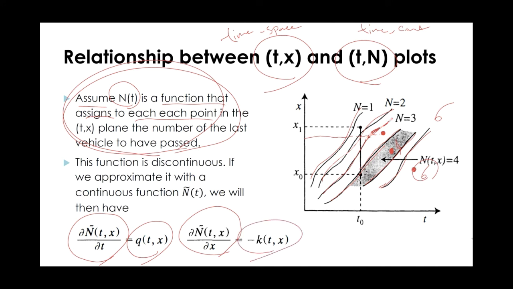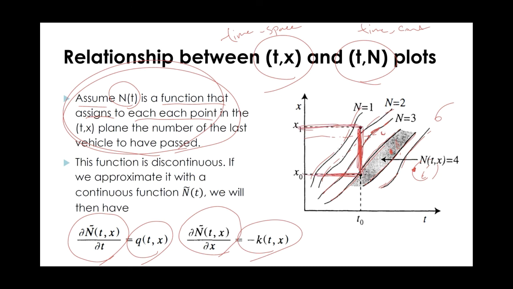So let's do it again on the time-space diagram. If I take the derivative of this N(t) over some location, some distance, remember how would we calculate density?